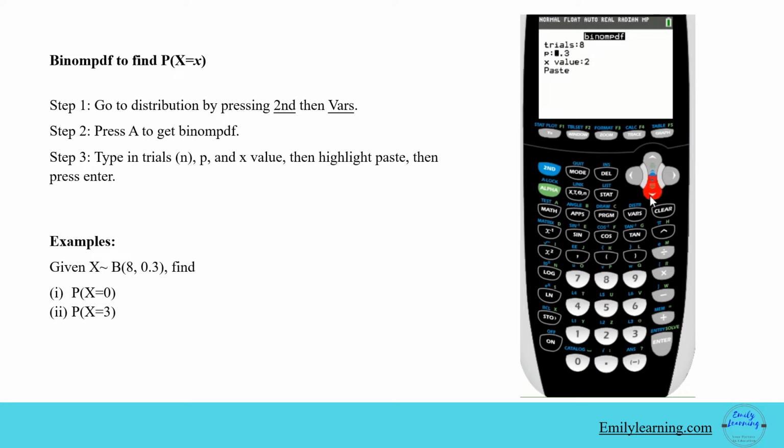My p is 0.3 and my x value is 0. Type it into the calculator, click enter again, and I will get my P of X equals to 0, which is 0.057648, and when I round it off to 3 significant figures, it will be 0.0576.